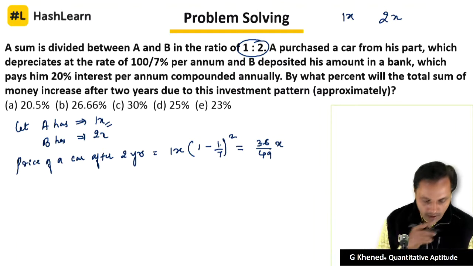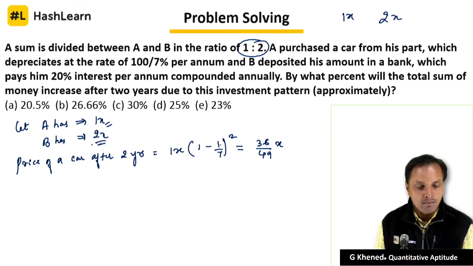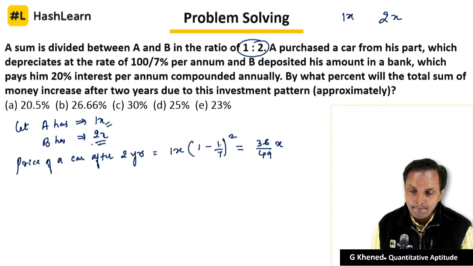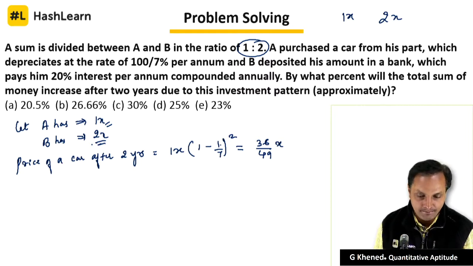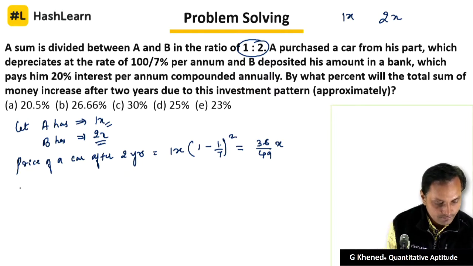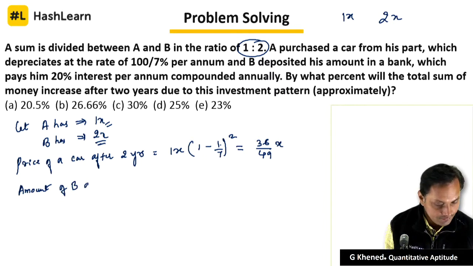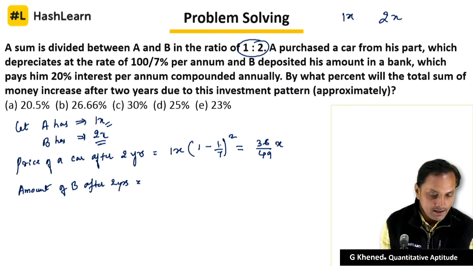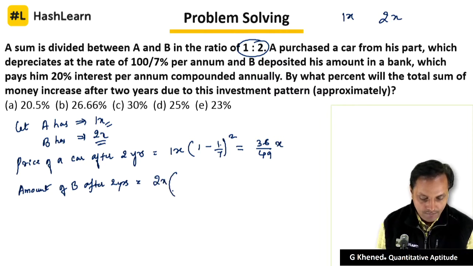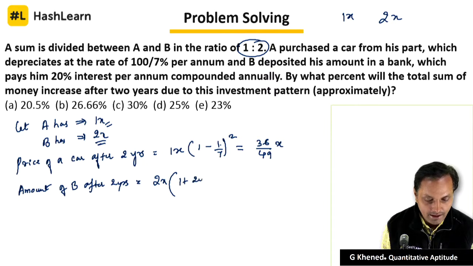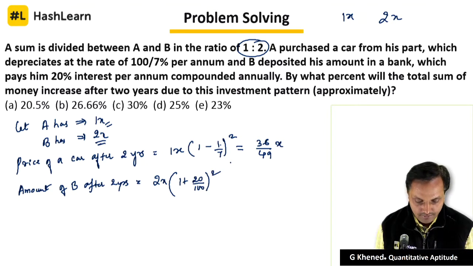Okay. What will be B's amount? He is keeping it in the bank. B deposited his amount in the bank, which pays him 20% interest per annum compounded annually. So the amount of B after 2 years: he is investing 2x. After 2 years he will have 1 plus 20% by 100 power 2.